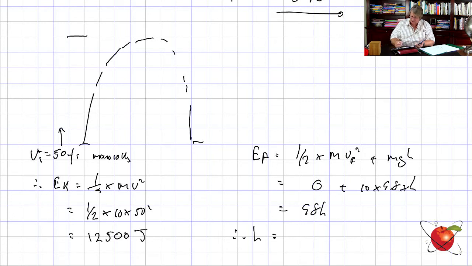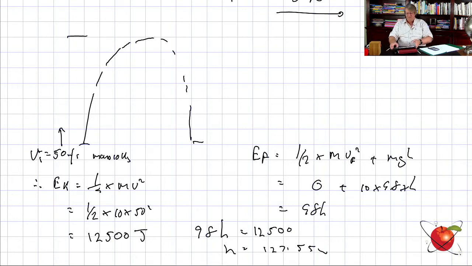I would say the two energies must be equal. 98h must be equal to 12,500. So h is going to be equal to 127.55.